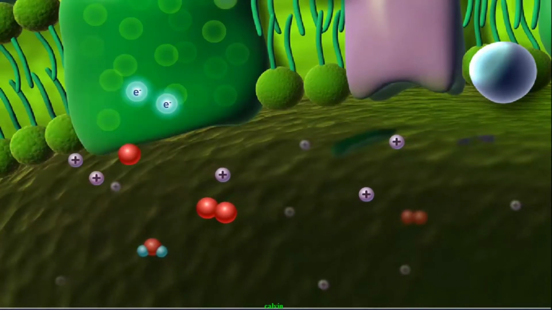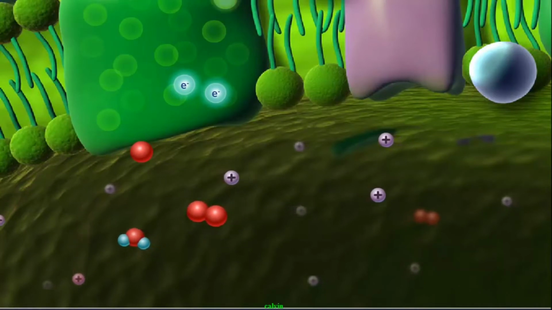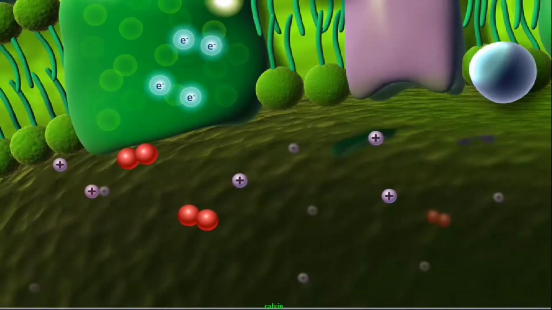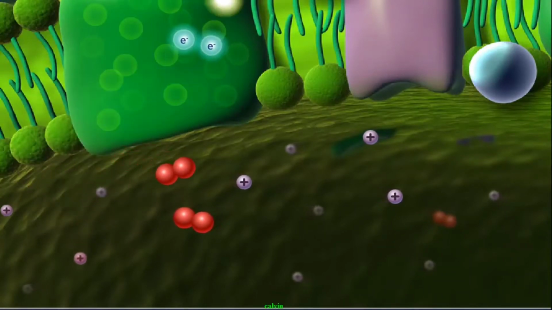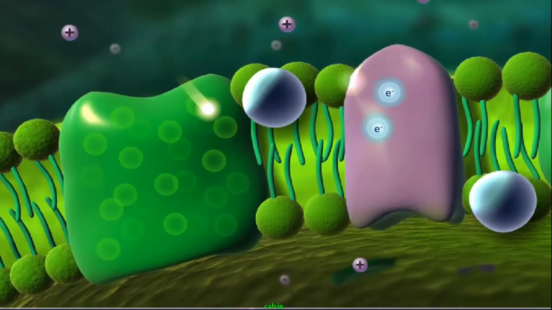As a result, the water molecule splits and oxygen gas is released during photosynthesis. These electrons get transported to the ETS, and due to the flow of the electrons, ATP is synthesized.